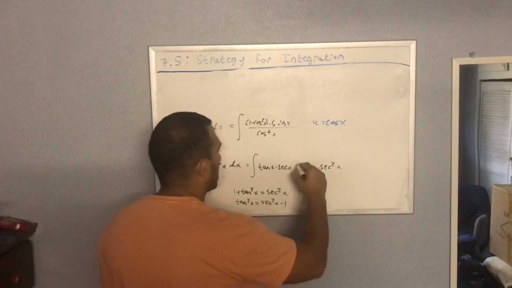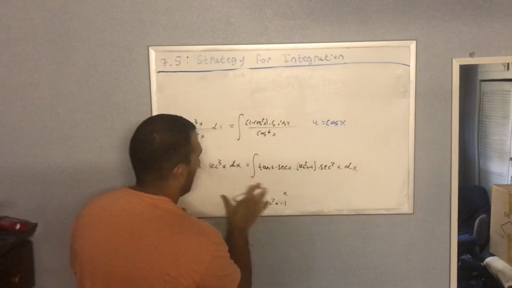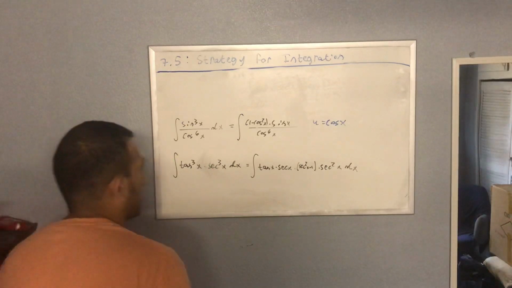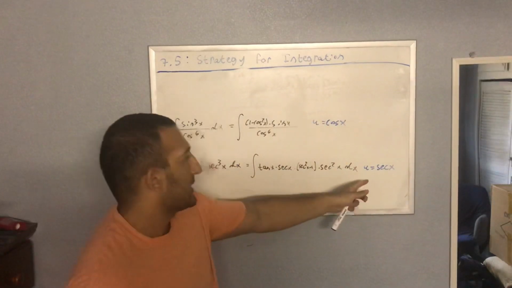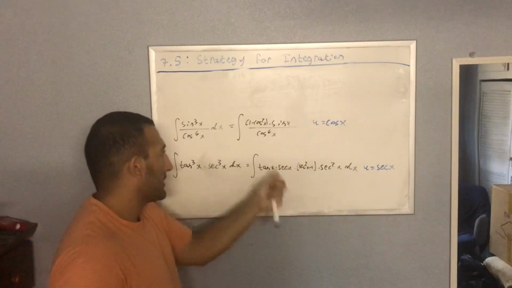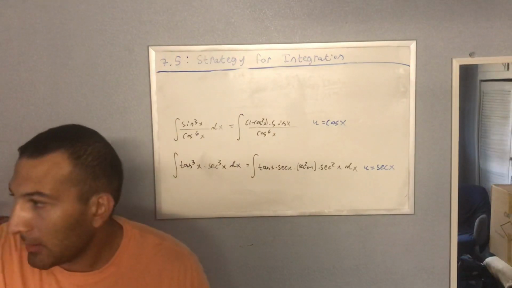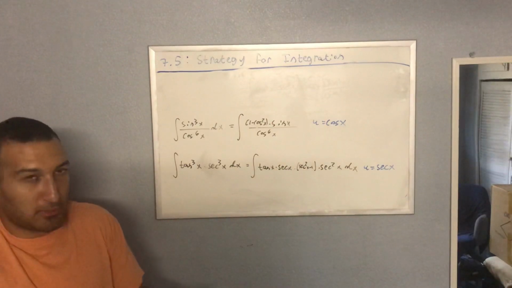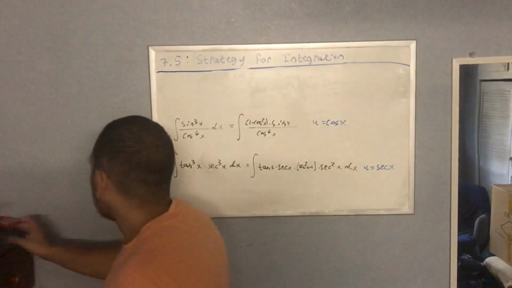So you can convert that tangent squared into that. And then at this stage, you can make the substitution u is secant, because the derivative of secant is secant tangent, it'll kill that off and you'll just be left with u's. So these are two different ways of approaching this problem. So see, at this stage, there's more than one way to do this. Okay, so then next is, let's say we have this integral.